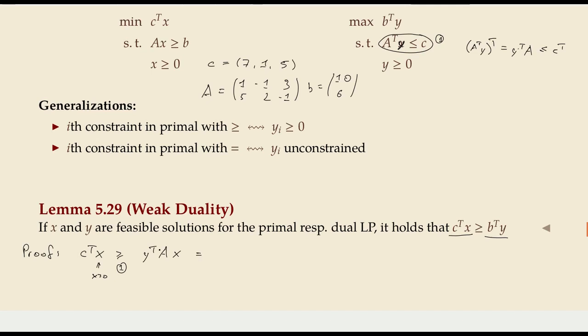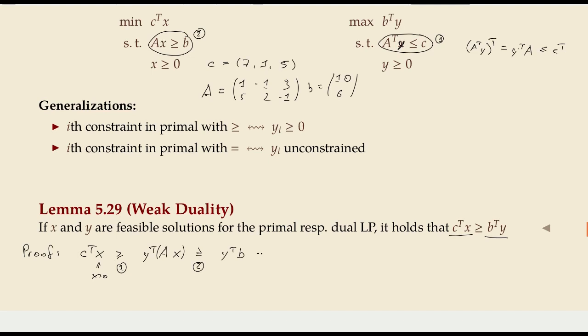Then we can group this here and use the constraint of the primal to get y transpose b.